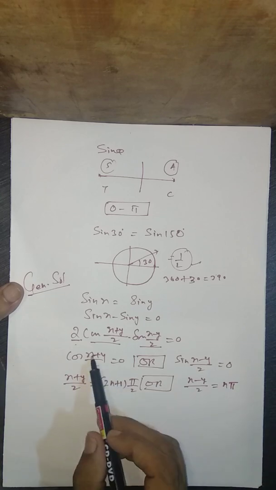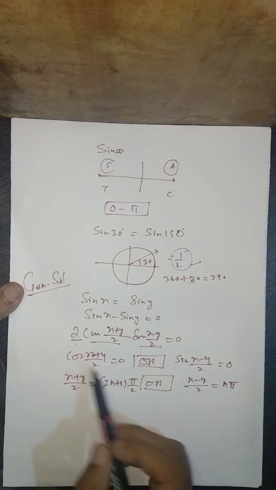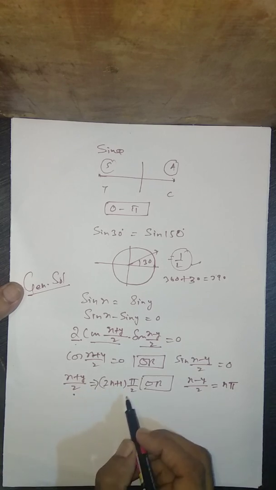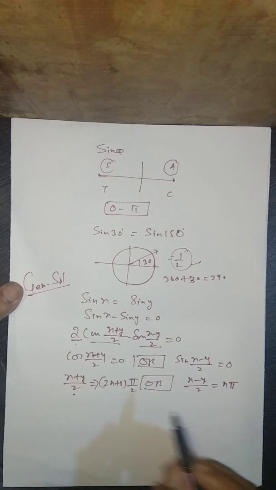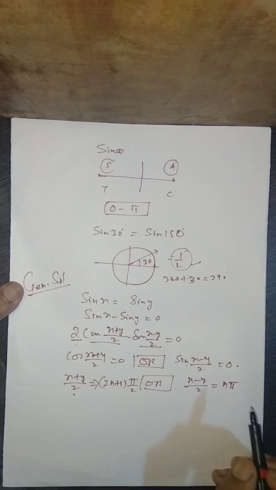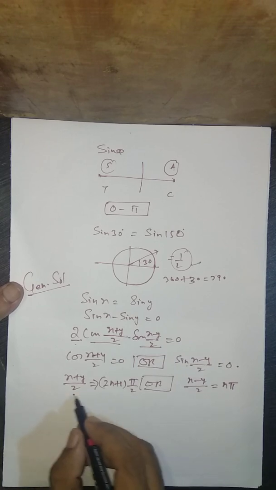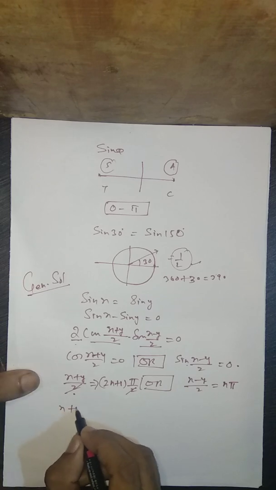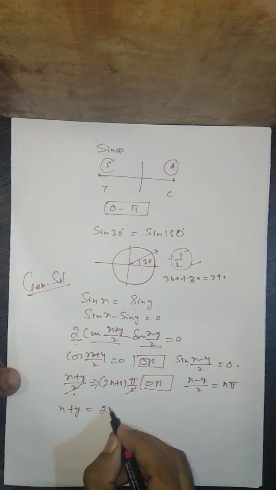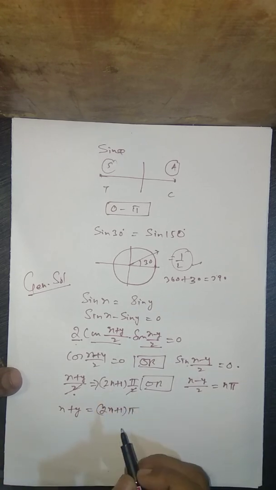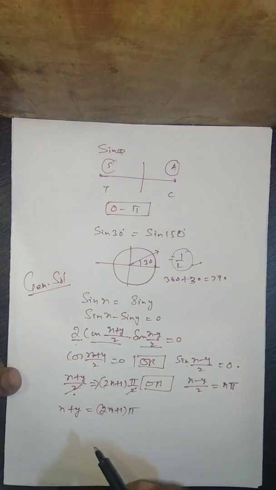It means cos theta will be 0 only when theta is an odd multiple of 90 degree, or pi by 2, and sine theta will be 0 only when theta is a multiple of pi. Since the 2 is on both sides, it can be cancelled out, and we see x plus y is equal to (2n plus 1) pi, the general way of writing odd numbers.